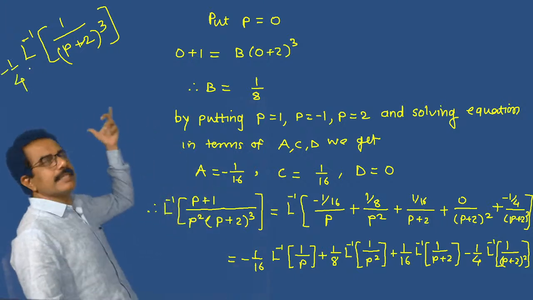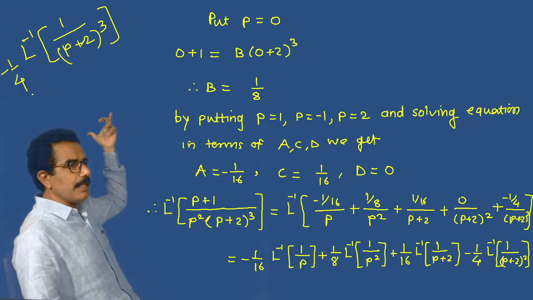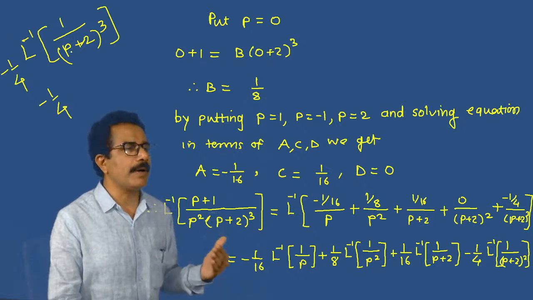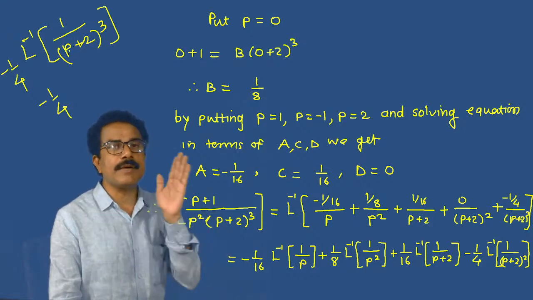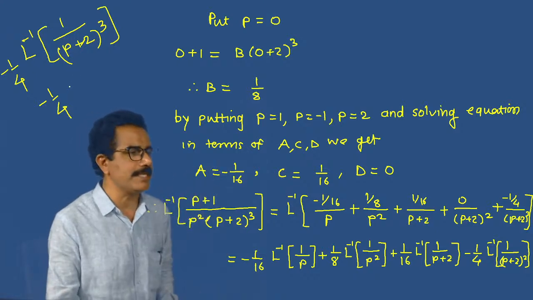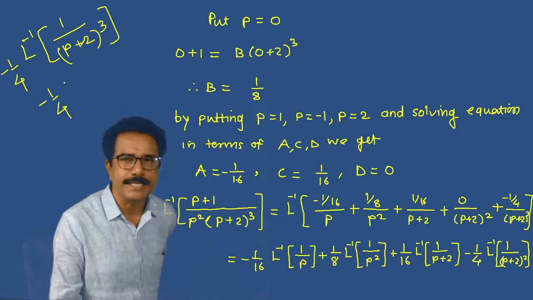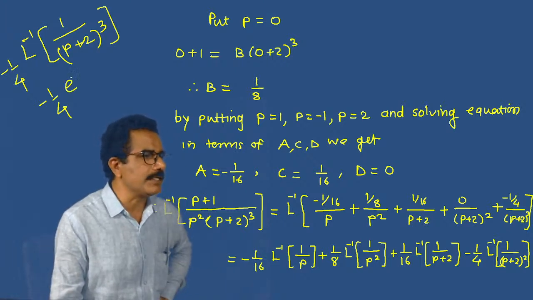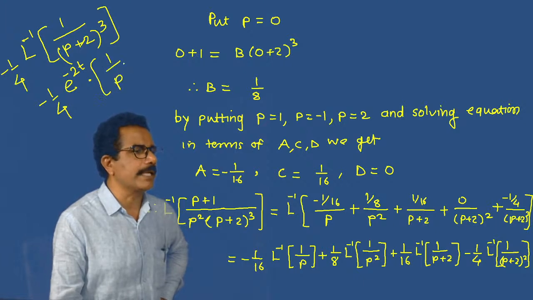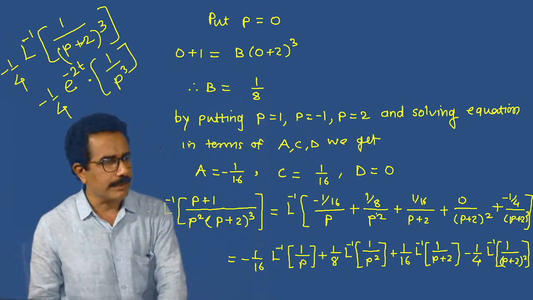I am going to solve the last term of the inverse function. So minus 1 by 4. First of all, we have to use the first shifting property. L inverse of F of p minus a means we can write this as e raised to minus a t, a means 2t, into, how can we write?